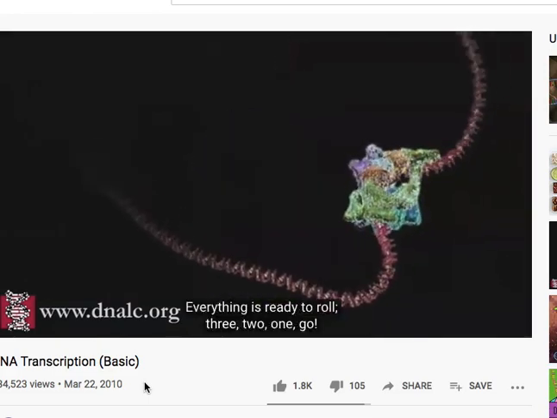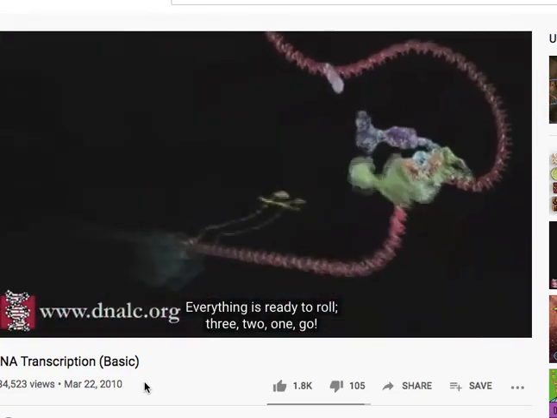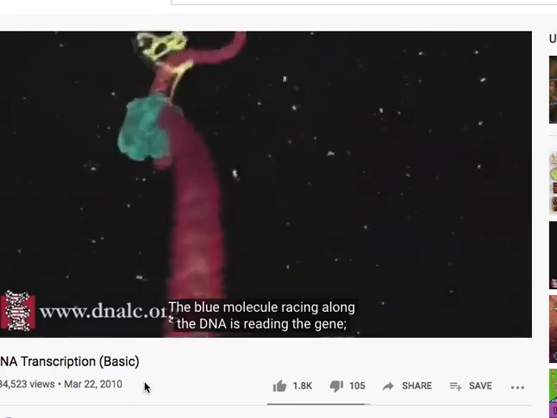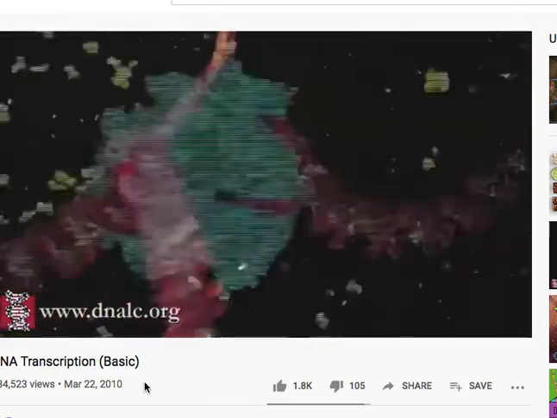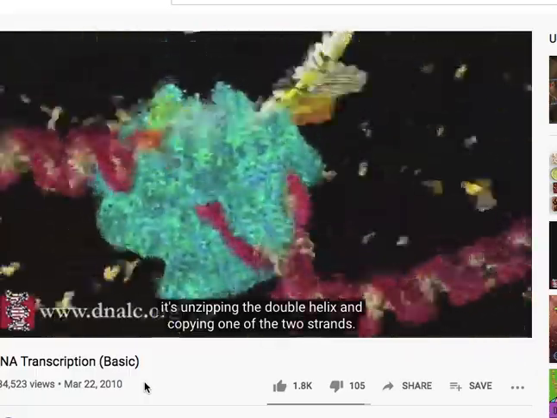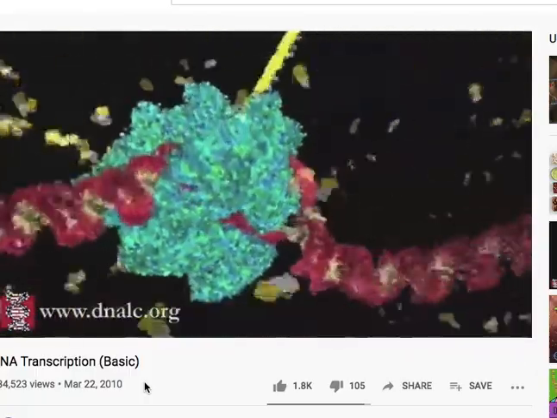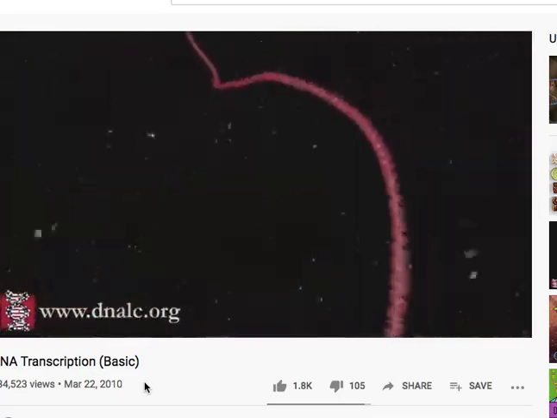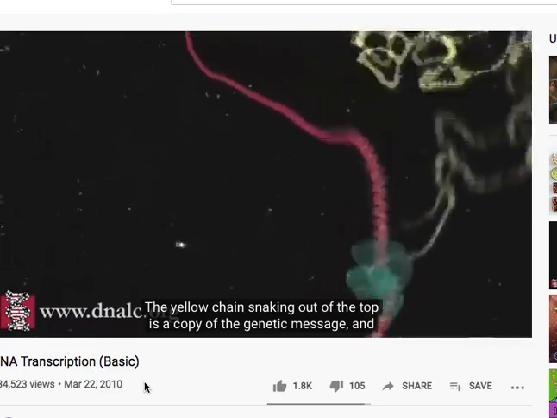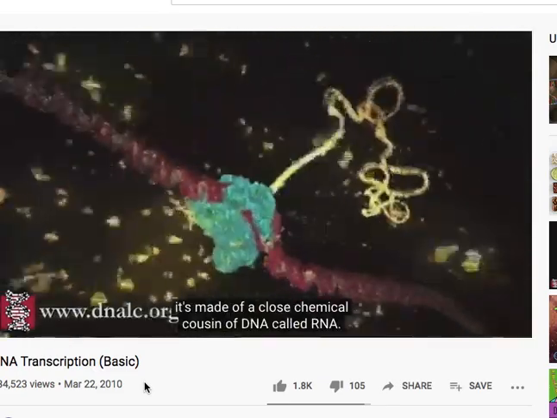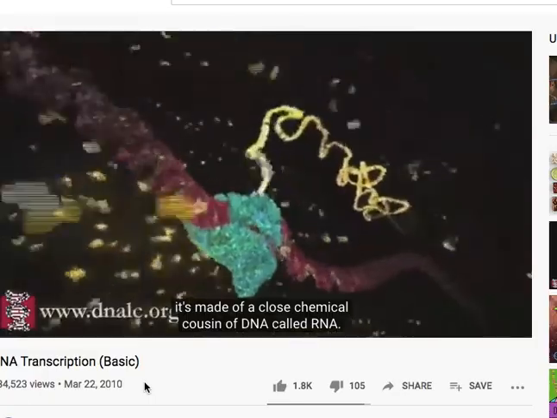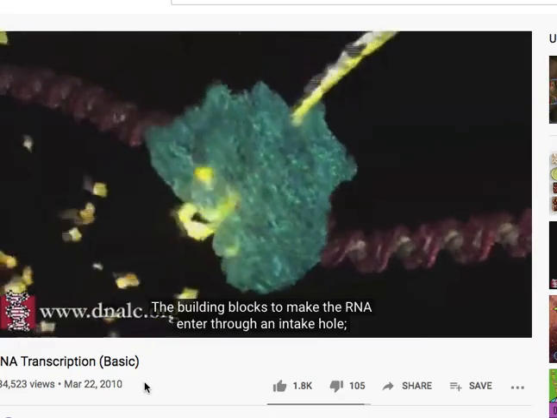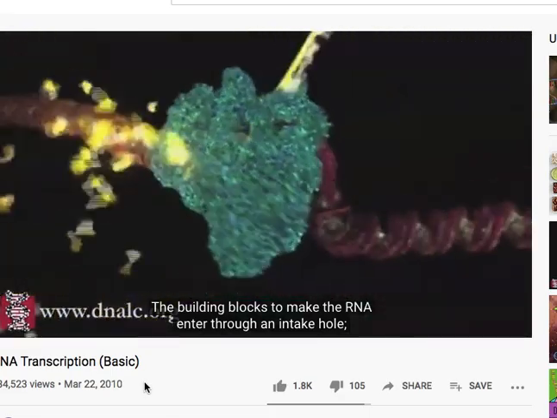What you are about to see is DNA's most extraordinary secret: how a simple code is turned into flesh and blood. It begins with a bundle of factors assembling at the start of a gene. A gene is simply a length of DNA instructions stretching away to the left. The assembled factors trigger the first phase of the process, reading off the information that will be needed to make the protein. Everything is ready to roll. 3, 2, 1, go. The blue molecule racing along the DNA is reading the gene. It's unzipping the double helix and copying one of the 2 strands. The yellow chain snaking out of the top is a copy of the genetic message, and it's made of a close chemical cousin of DNA called RNA. The building blocks to make the RNA enter through an intake hole.